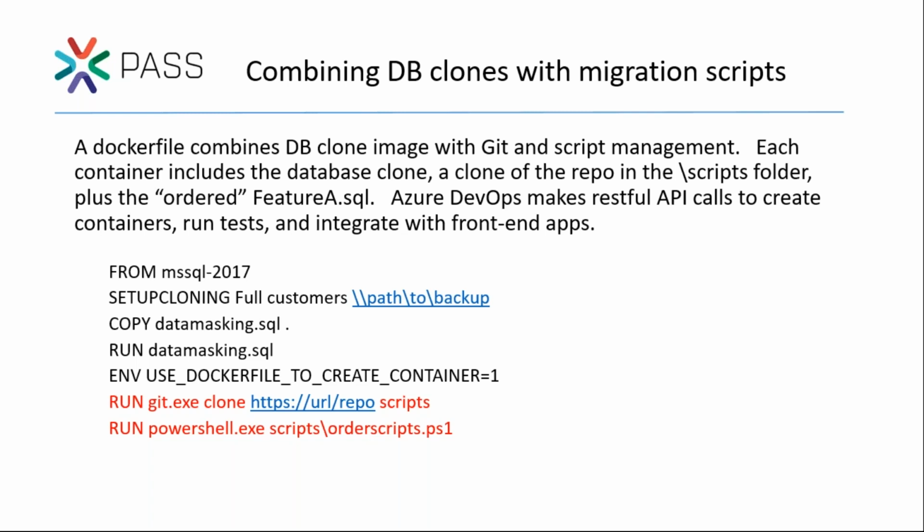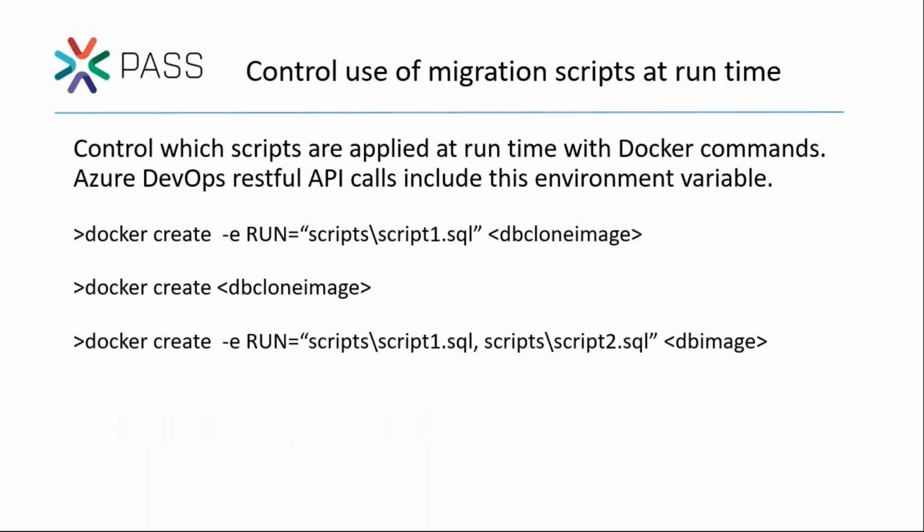Now, once that is done, then the Azure DevOps pipeline will make RESTful API calls to run containers, to run the tests, and will use an environment variable to determine which scripts are applied. And the environment variable is built into the Docker command line.